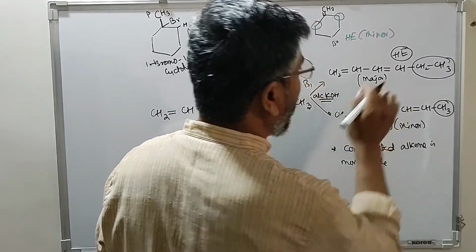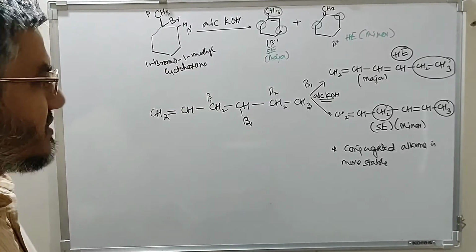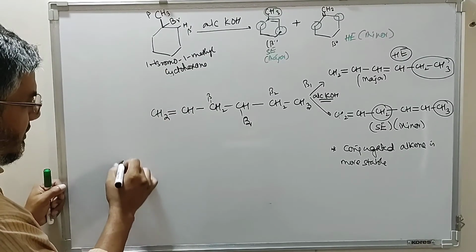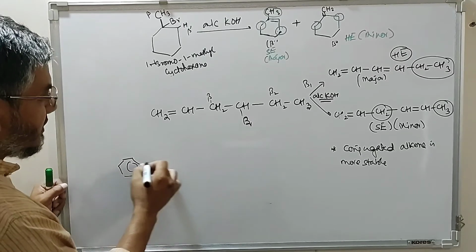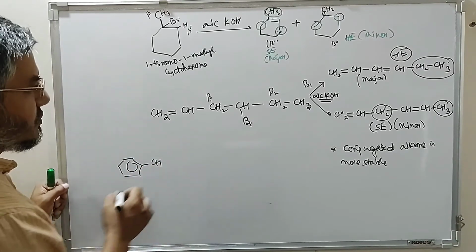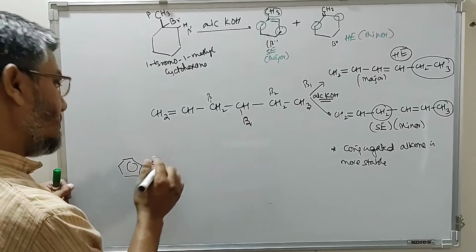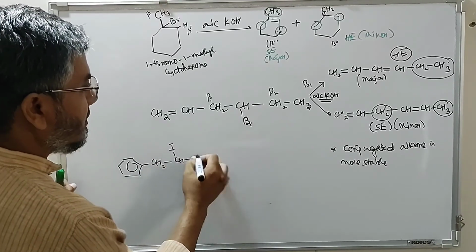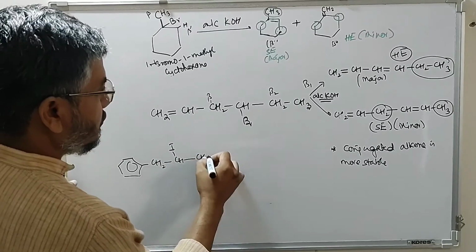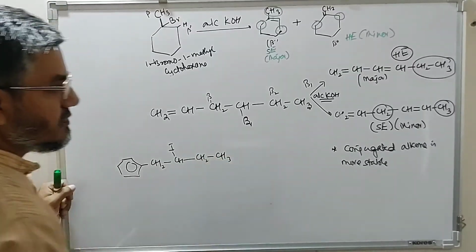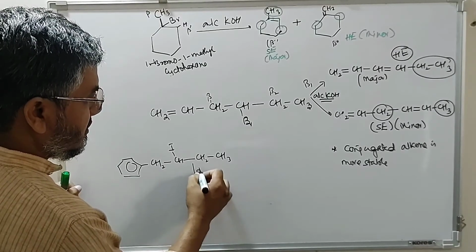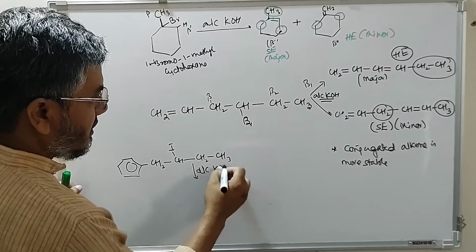Hence this Hofmann product is forming as the major product. Take the same reaction here. We have a benzene substituent, CH2, CHI, CH2, CH3. Now we react this with alcoholic KOH.